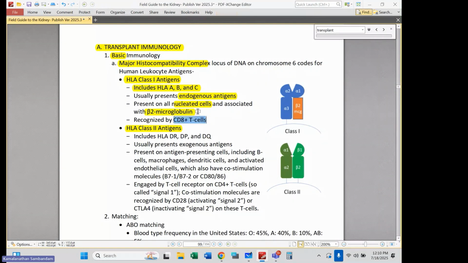And again, this is designed to be recognized by the immune surveillance system, the cytotoxic T cell, and say, okay, this is something I'll either ignore or I will destroy, okay?